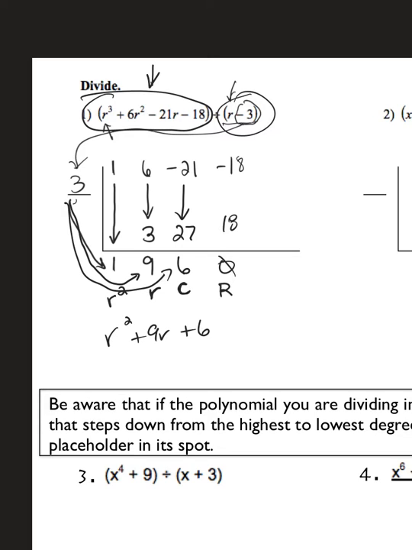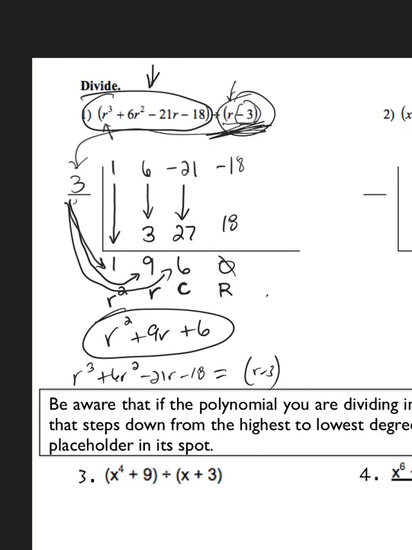Basically I'm rewriting r cubed plus 6r squared minus 21r minus 18 as r minus 3 times r squared plus 9r plus 6.